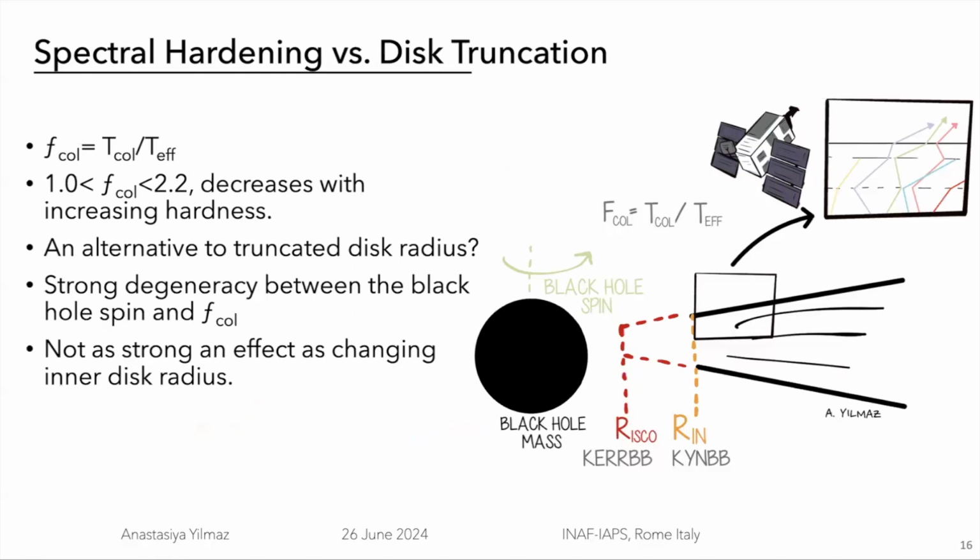One of the things that were actually introduced to explain that evolution that I mentioned multiple times now is that there might be some changes in the spectral hardening factor. The spectral hardening factor means that with increasing mass accretion rate, your accretion disk is expected to heat up.